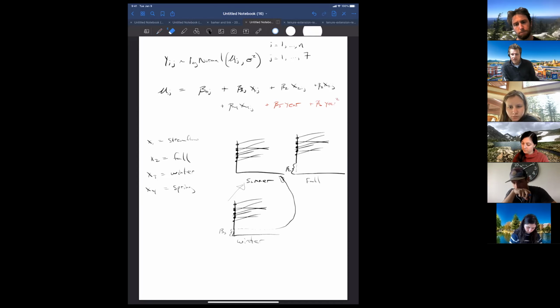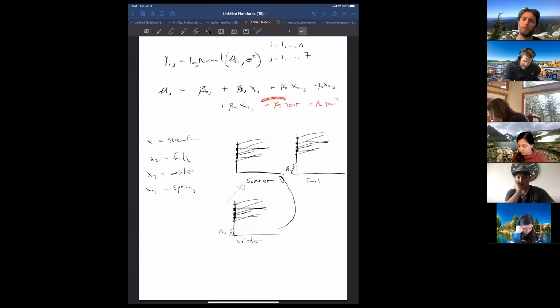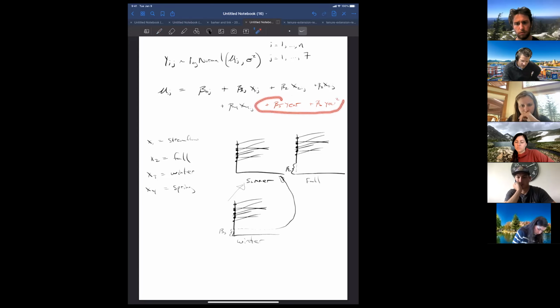Give us a polynomial or parabola for year. I think because this is a fairly simple extension, I'm going to take back what I said about just going in small gradual steps. And I kind of actually want to add this to our data to see if there's a year relationship.